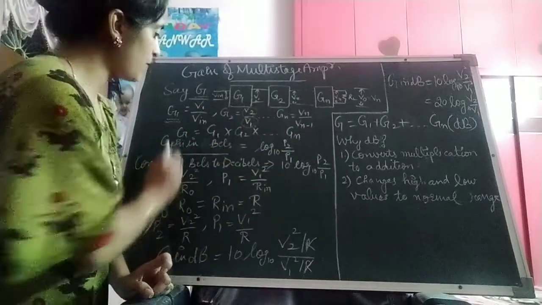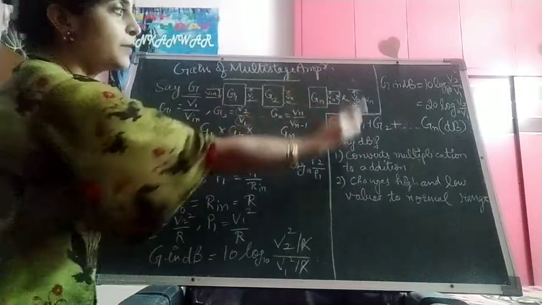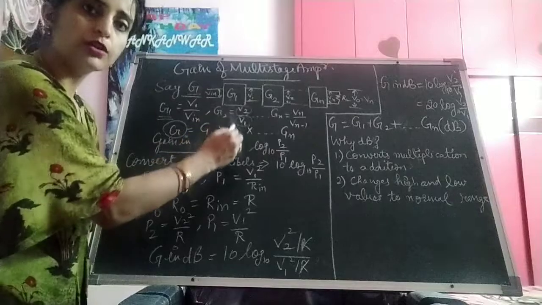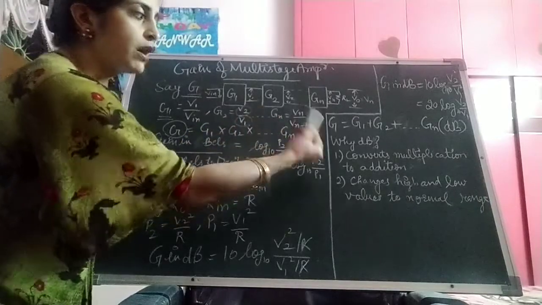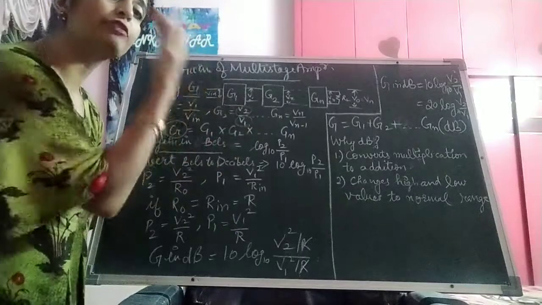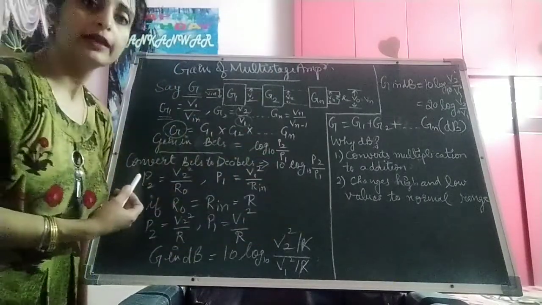And when we talk about the overall gain of the complete amplifier, then G is equal to G1 into G2 into so on up to Gn. That means the product of the gains of the individual stages will become the overall gain.